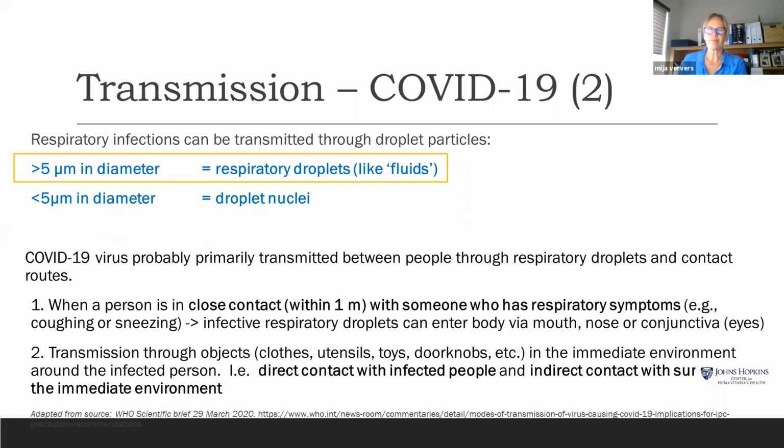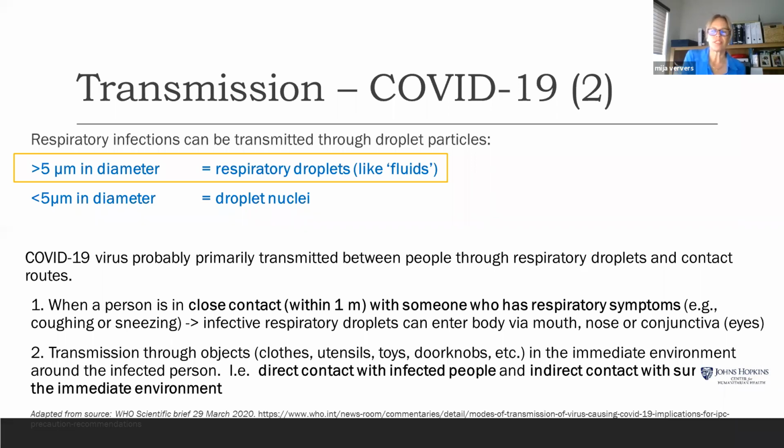So the first one, if they're bigger droplets, then you can say it's like fluids. So COVID-19 virus probably is transmitted mostly between people through respiratory droplets, those bigger ones like fluids and contact routes. So when a person is in close contact with someone who has respiratory symptoms and possibly has the disease, through coughing or sneezing, those infective droplets can enter somebody else's body via the mouth or the nose or the eyes.